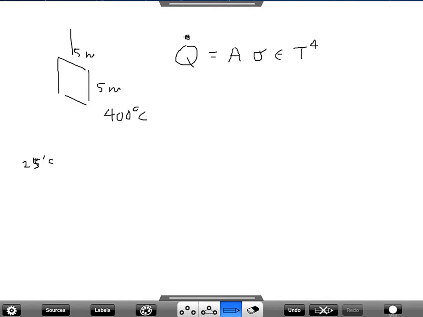This isn't enough information. We actually have to use the other equation that accounts for the object receiving radiation from the room, from the very large room. Okay, so that's another clue.